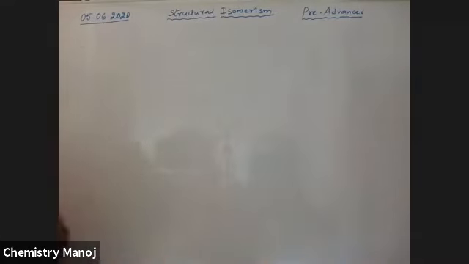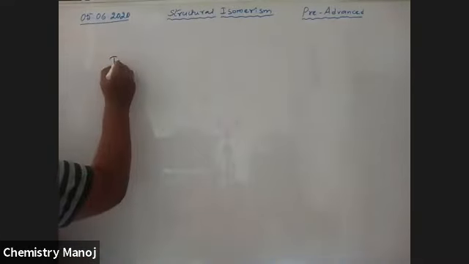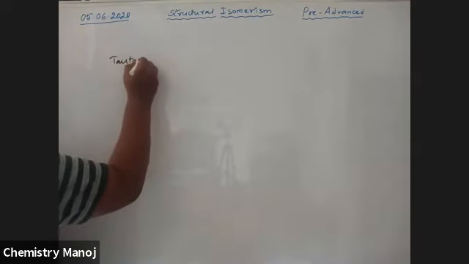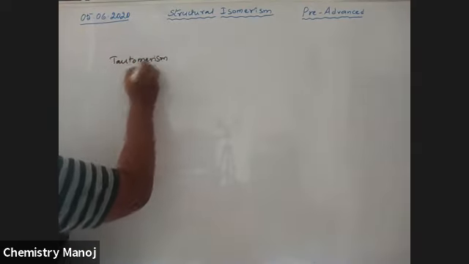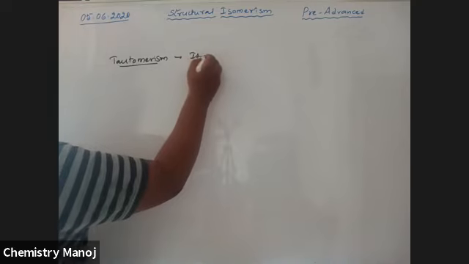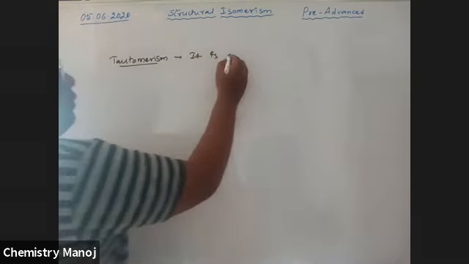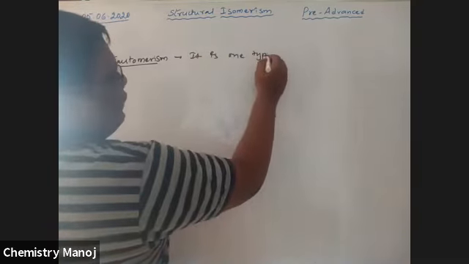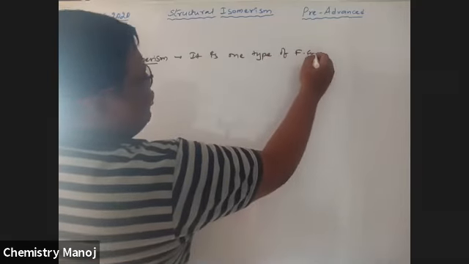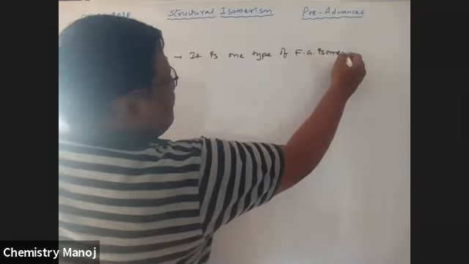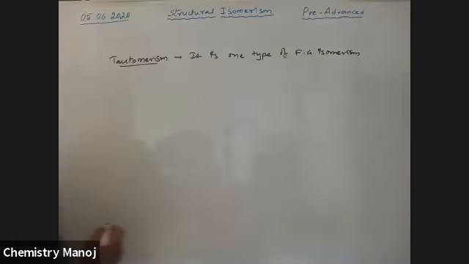Next one, tautomerism. It is also one type of functional group isomerism.